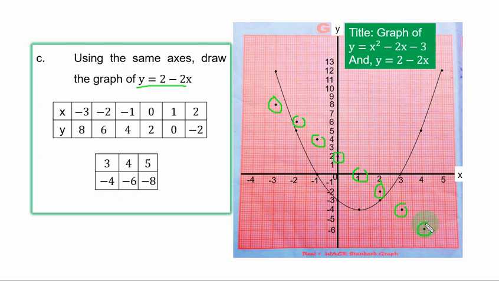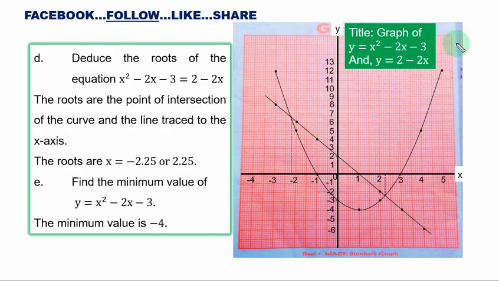Next thing is to join the points together. And the title is updated to reflect the linear graph. At this point, the points from the linear graph have been joined together.